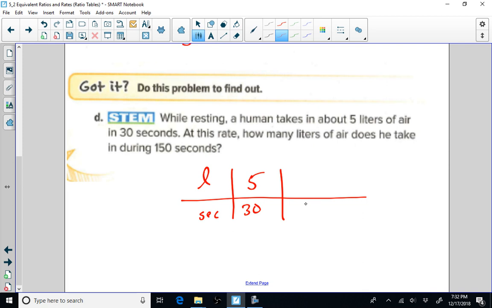And I want to go to 150 seconds. Well, here, I simply have to multiply 30 times 5 to get to my 150. So I'm going to multiply the numerator, or the top part of my ratio, by the same amount. 5 times 5 is 25. That'd be 25 liters in 150 seconds.